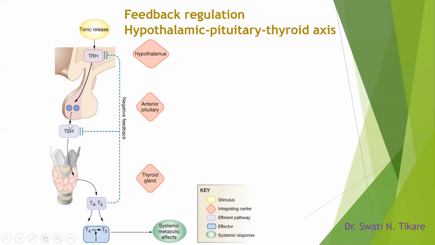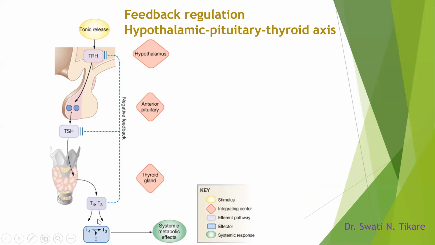We will learn a little more detail about TSH in our next slides. TSH is stimulatory on the thyroid gland. It is tropic on the thyroid gland, and it causes the synthesis, activation and release of the T3 and T4 hormones.